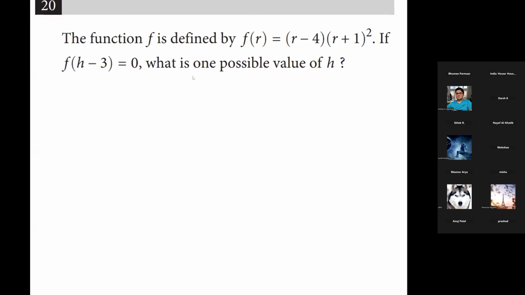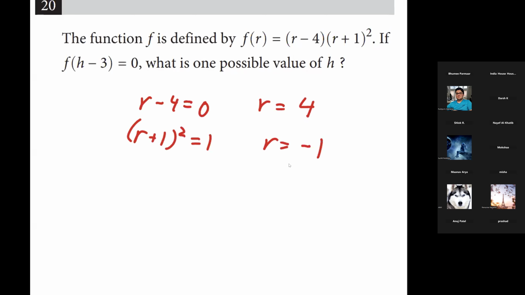If f of r is equal to 0, that means one of these two has to be equal to 0 because multiplying anything by 0 is always equal to 0. So r minus 4 has to be equal to 0, or r plus 1 squared has to be equal to 0. Well, that would mean that r is equal to 4, or r is equal to negative 1.